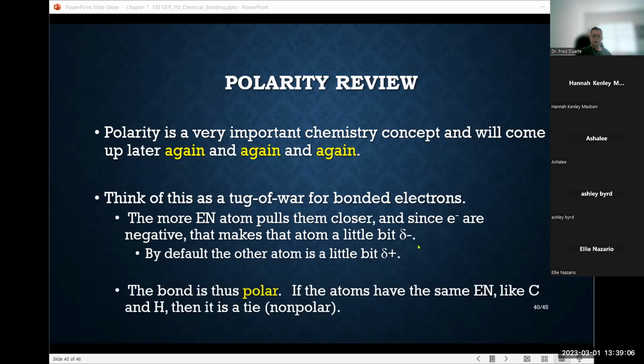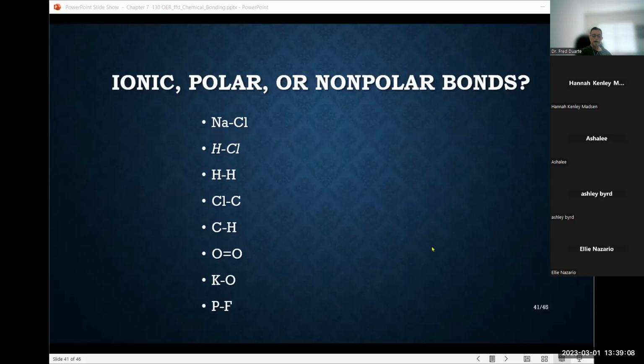Given here, they're asking a question: is that ionic, polar, or nonpolar bond? Very similar to the previous one. Sodium chloride, by default, metal, non-metal, it's an ionic. HCl, we have a covalent bond, with two different atoms, hydrogen and chloride, so automatically we have a polar covalent bond.